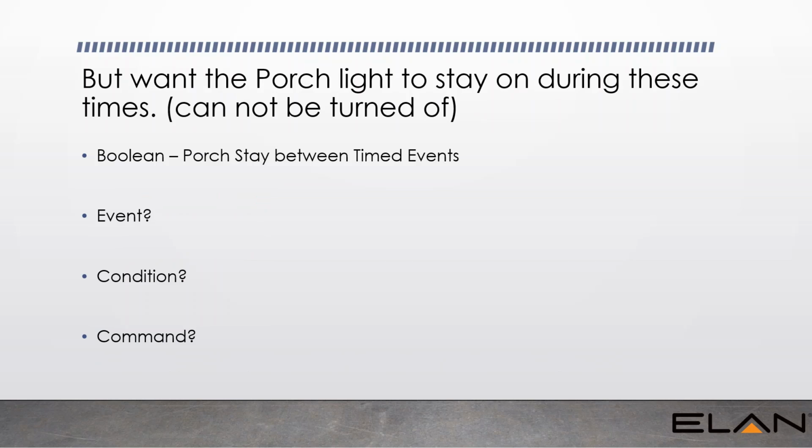In order for us to have the light stay on, we have to track if it's between the two times. So we have to create a Boolean. In this case, we're calling it porch stay on between the two events. So we're going to have to add commands to each of the previous event maps so we can track the status.